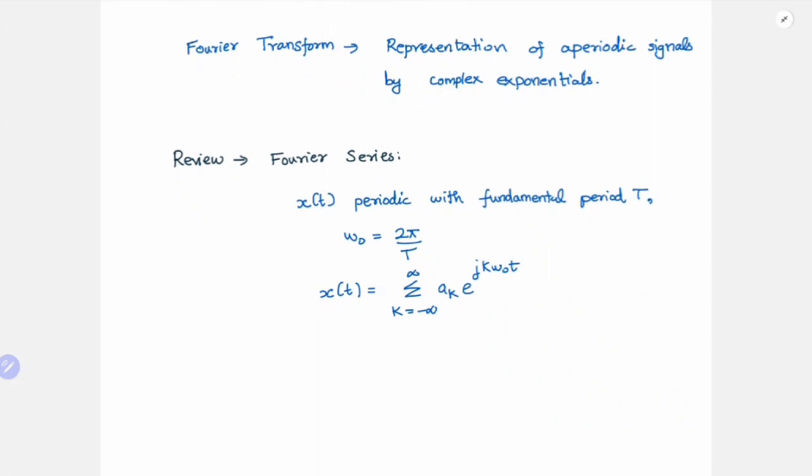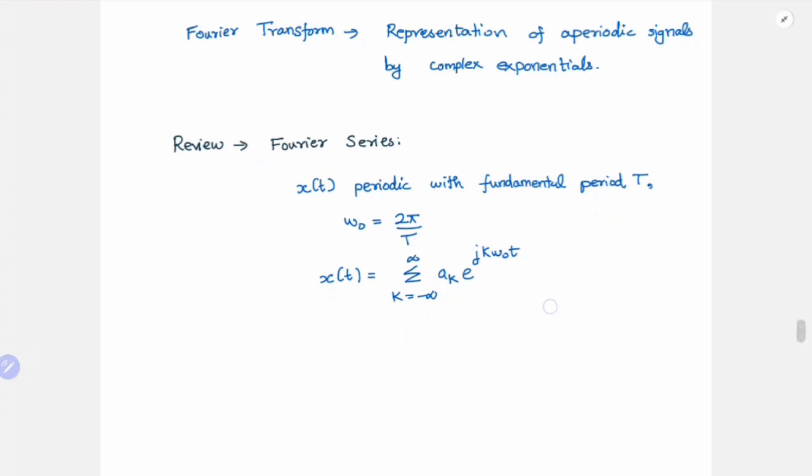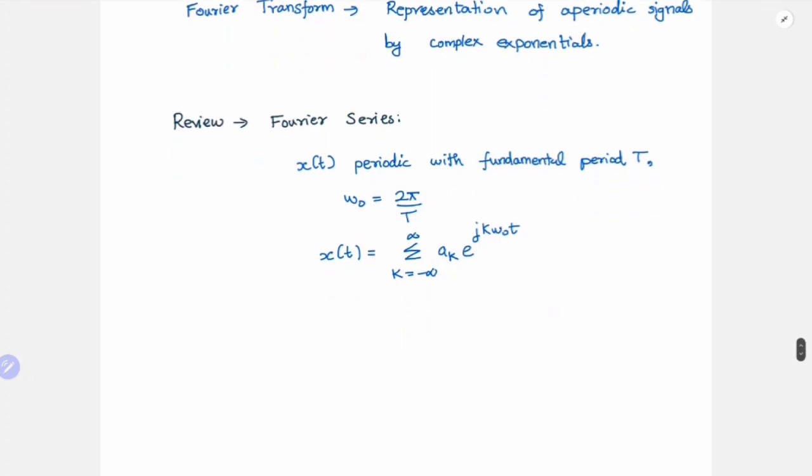Right? Now let us try to extend this for aperiodic signals. So we'll see the basic idea behind Fourier transform.